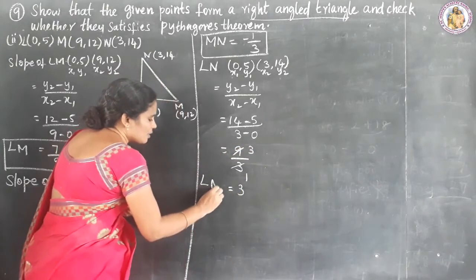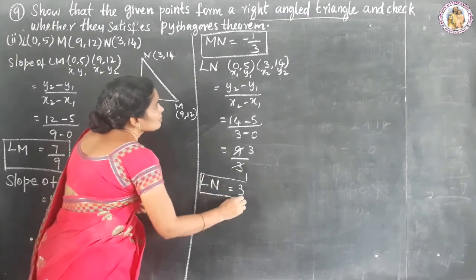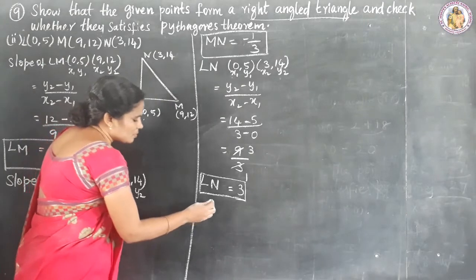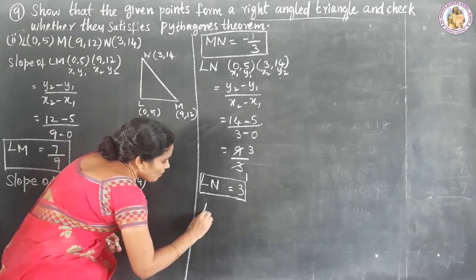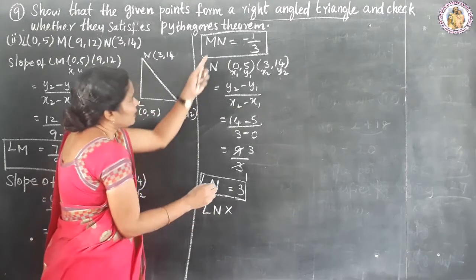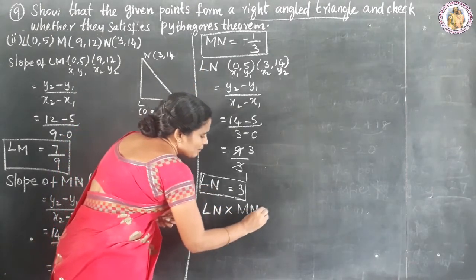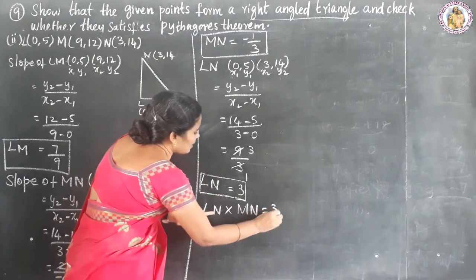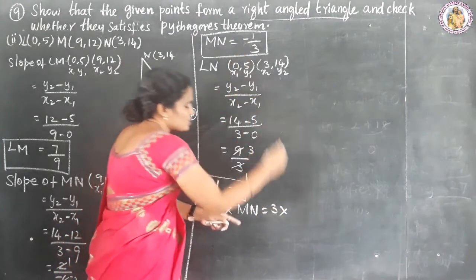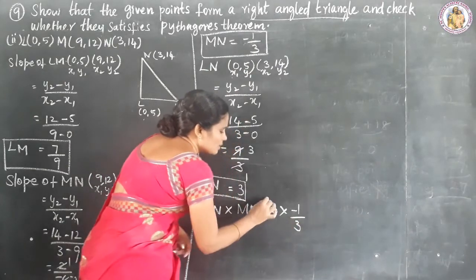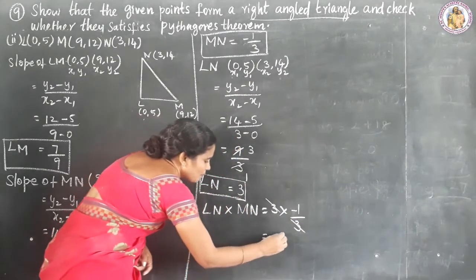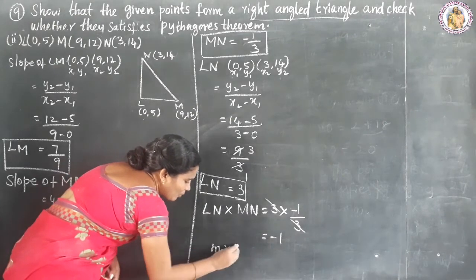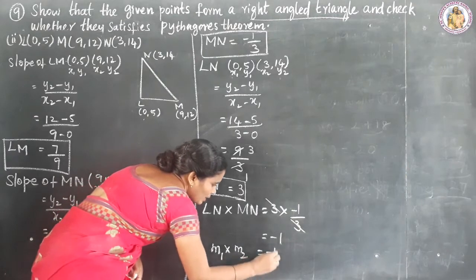So slope of LN is equal to 3. Now using slope of LN into slope of MN: 3 into minus 1 by 3, the 3s cancel, is equal to minus 1. As for slope, if the lines are perpendicular, m1 into m2 is equal to minus 1.